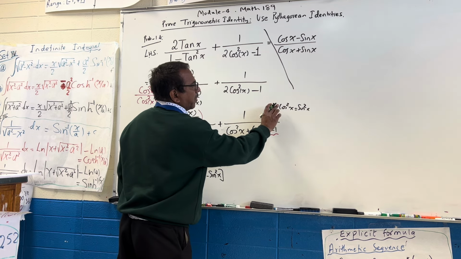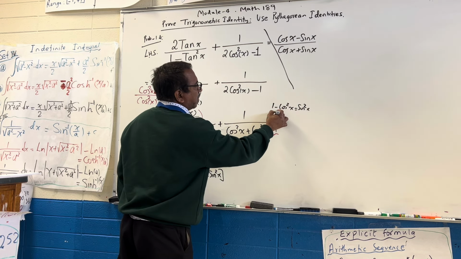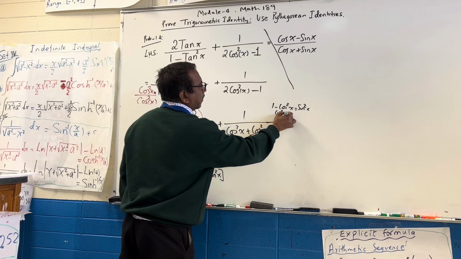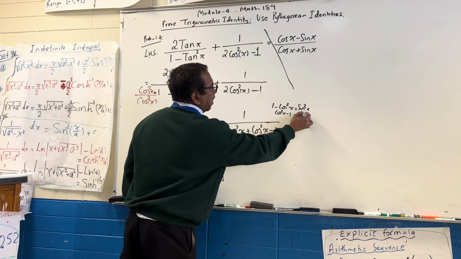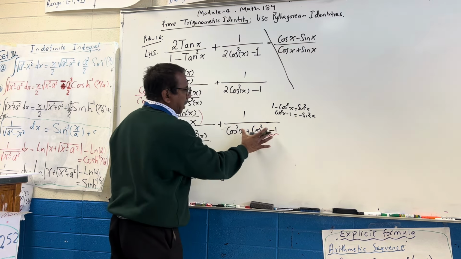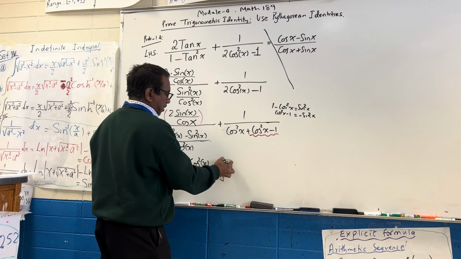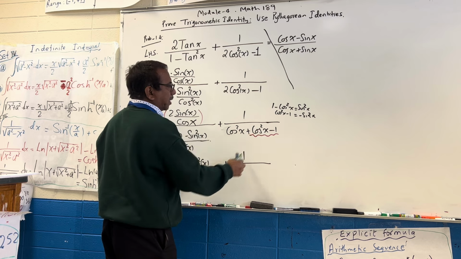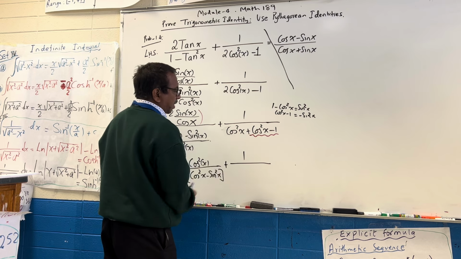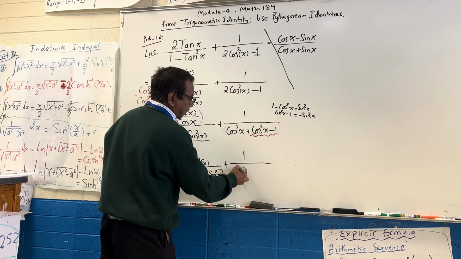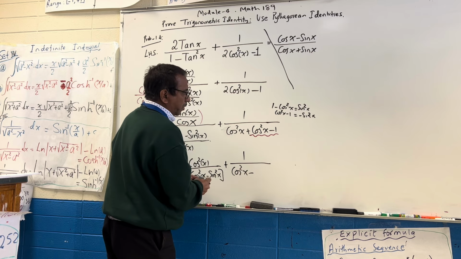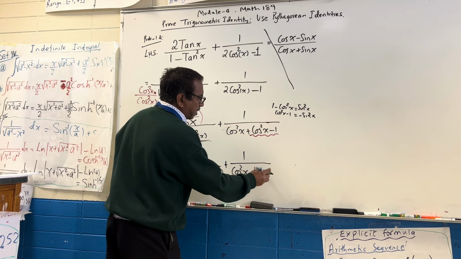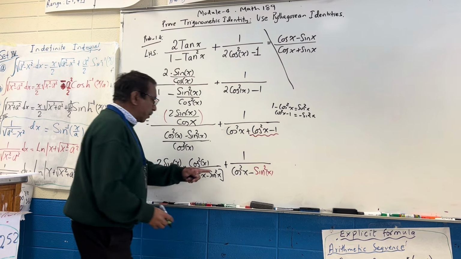So if I switch the order, that is cosine square minus 1, then this will be minus sine square. So in place of this red one, we put it as 1 over, which is minus sine square, this cosine square, and this will be minus sine. And the reason is you want to have the same common denominator.